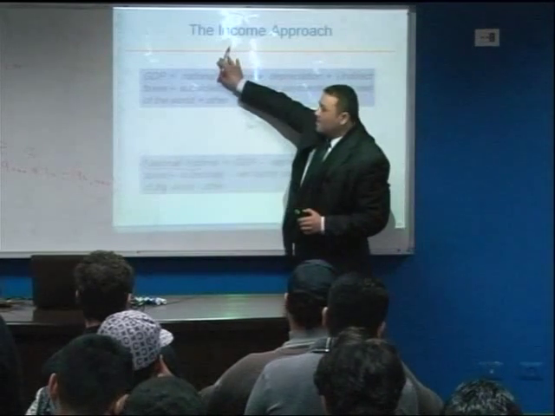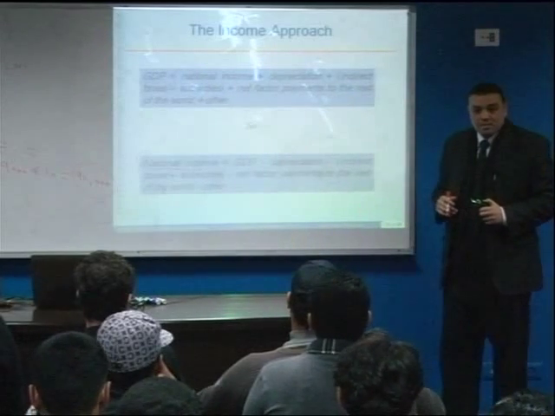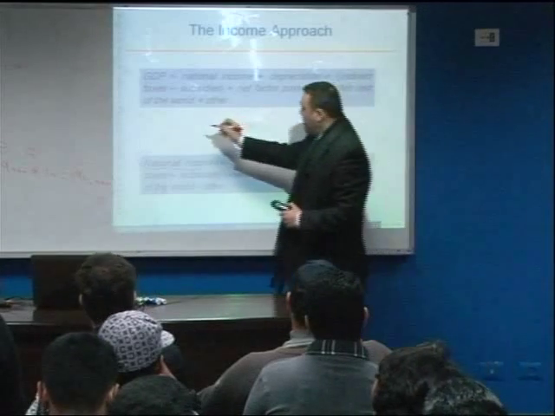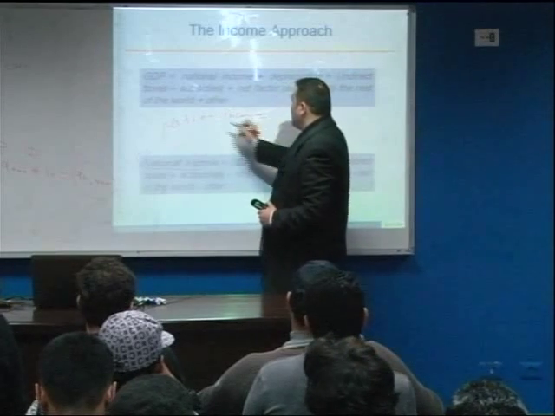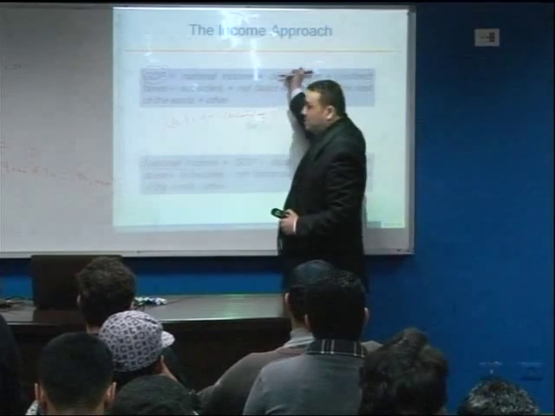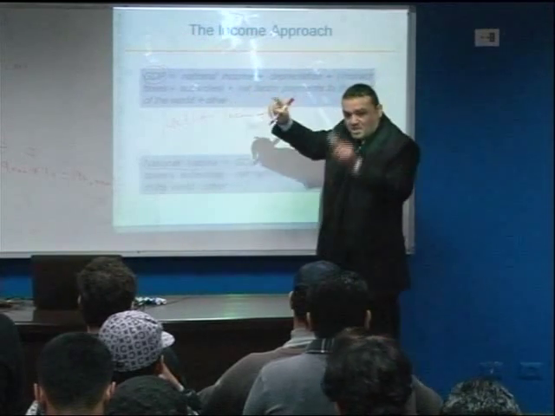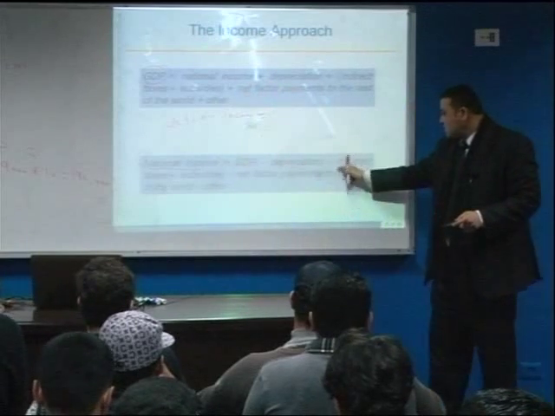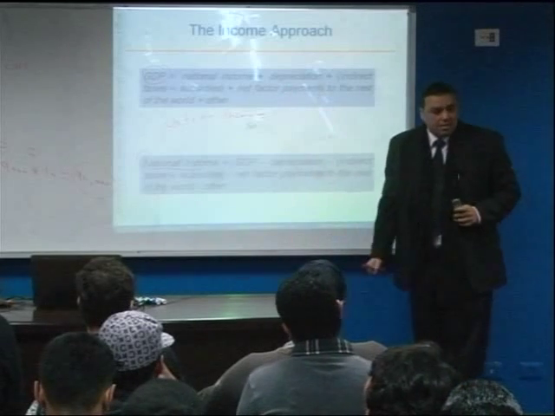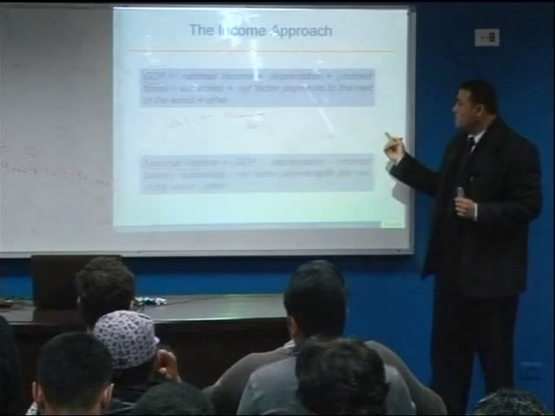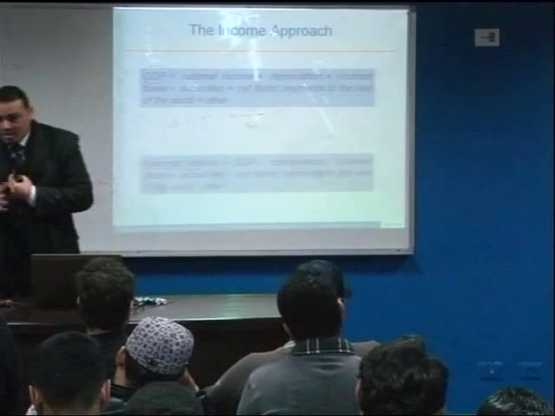In this case, the national income equals the GDP minus all these things, right? So the national income equals the GDP minus depreciation minus (indirect taxes minus subsidies), in brackets, and minus the net factor payments to the rest of the world. Of course, you know there are people working in our country who transfer money abroad, the foreigners, right?